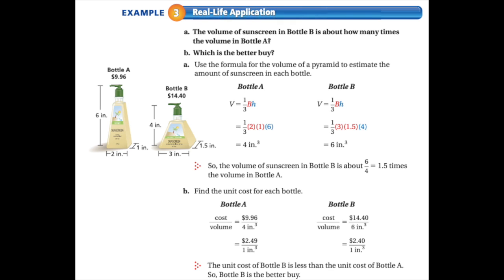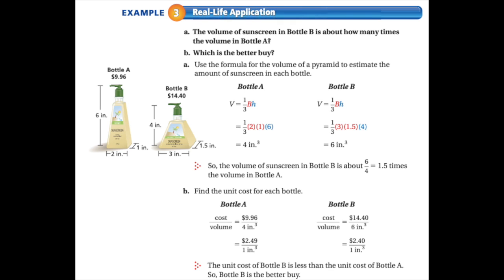All right? So then the next question is, which is a better buy, right? And so that's where we then have to take into account the cost. And so we can find the unit rate and find out how much that cost is when we divide it. So for bottle A, you can see they took the $9.96 divided by 4 because there were 4 inches cubed, and so we get $2.49 per 1 inch cubed.